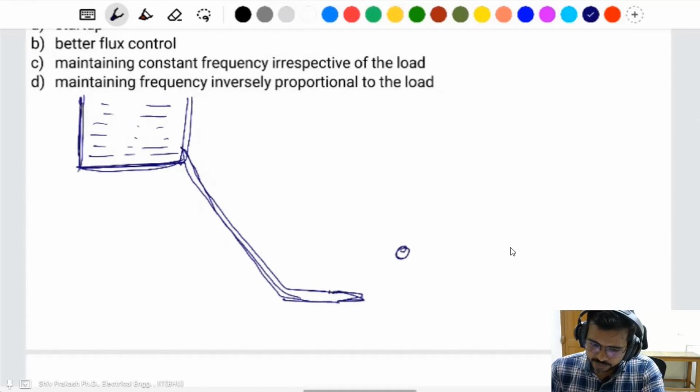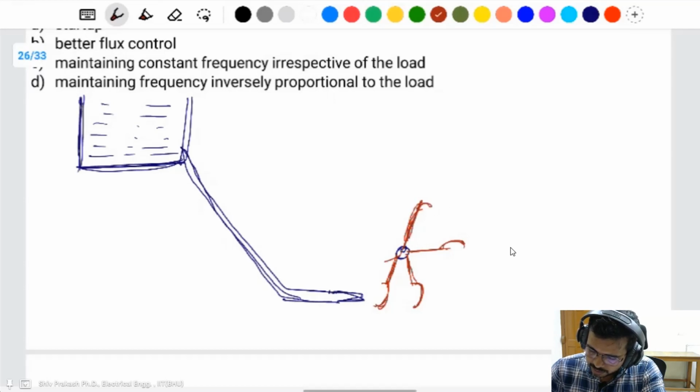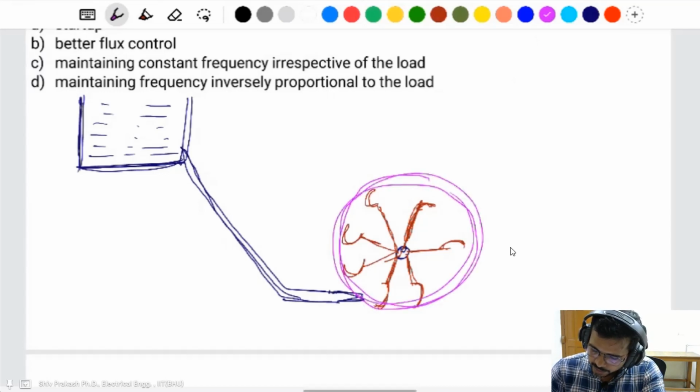There is a wheel, a turbine, the water turbine, to develop electrical power. There is a cup type of wheel.